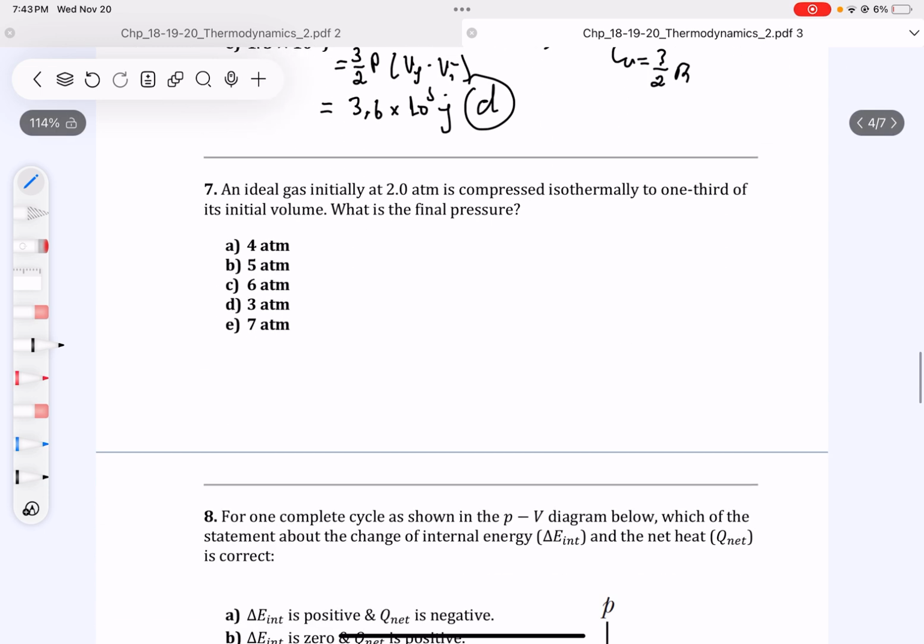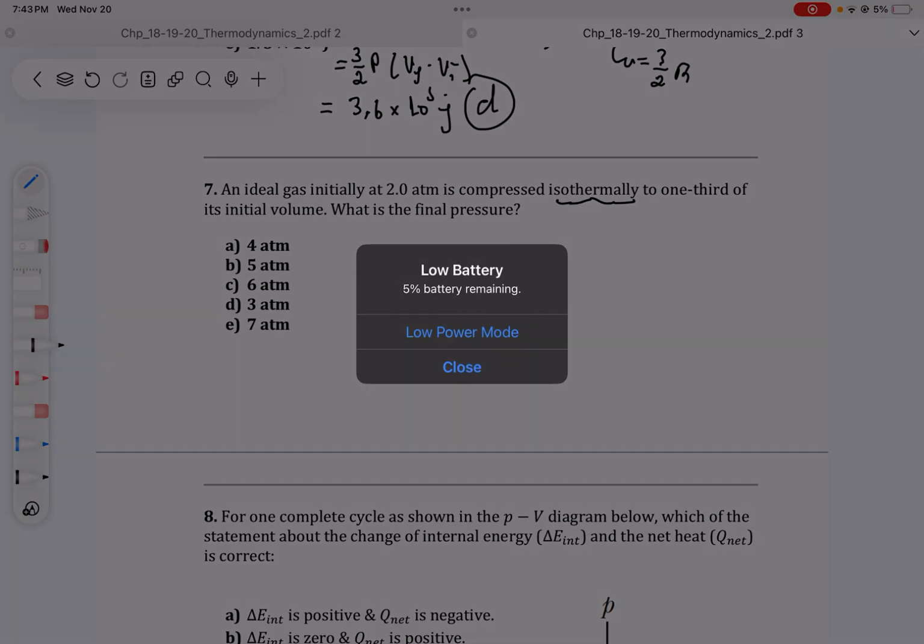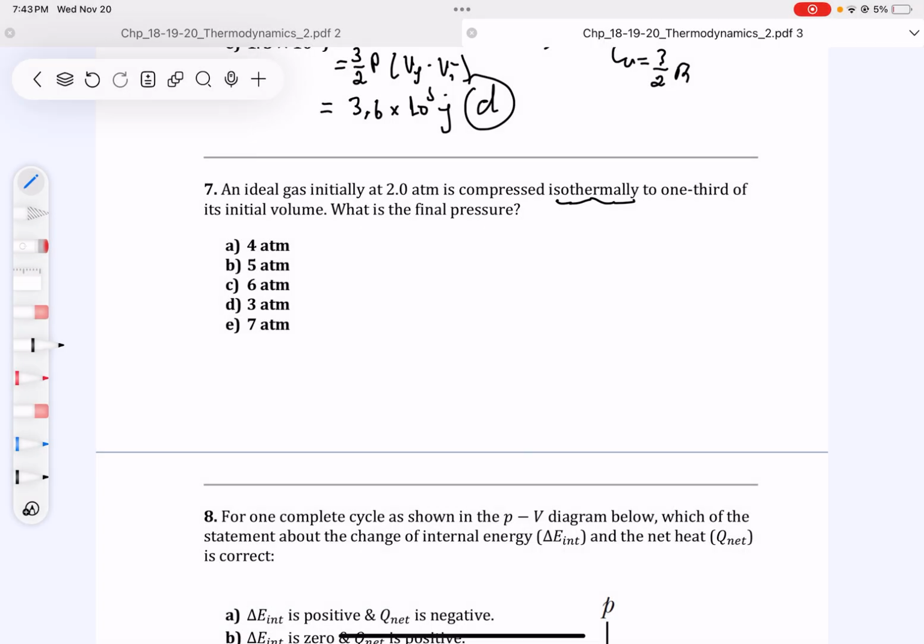Okay, let's continue. An ideal gas initially at 2 atmospheric is compressed isothermally to 1/3 of its initial volume. What is the final pressure? What we have here? Isothermally, right? What does isothermally mean? T is constant, or in other words, T initial is equal to T final.